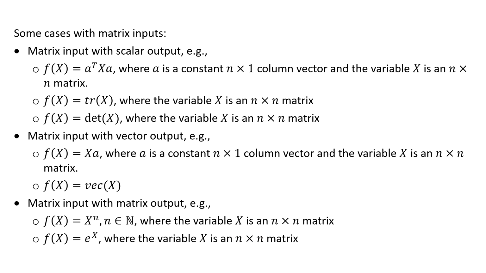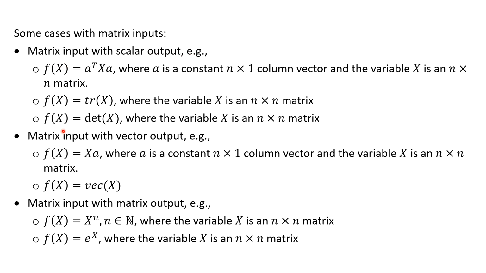On this slide, I have functions that have matrix inputs. And we'll look at the derivatives of these later on. These are not typically covered in a basic calculus course. So the first set of examples, the matrix input has a scalar output.